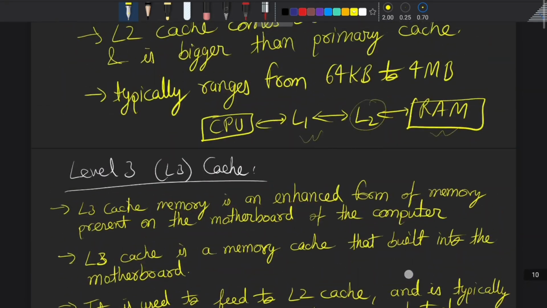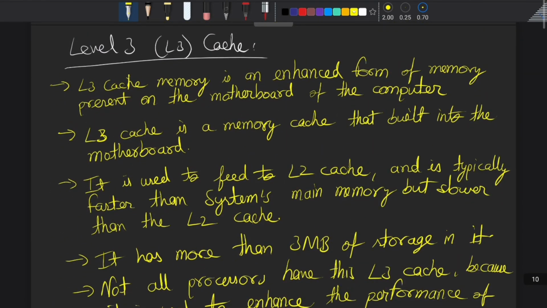Now let's discuss the next level of cache, that is L3 cache. The L3 cache memory is an enhanced form of memory present on the motherboard of the computer. As L1 and L2 were lying inside the CPU, L3 cache lies on the motherboard. L3 cache is a memory cache that is built into the motherboard.